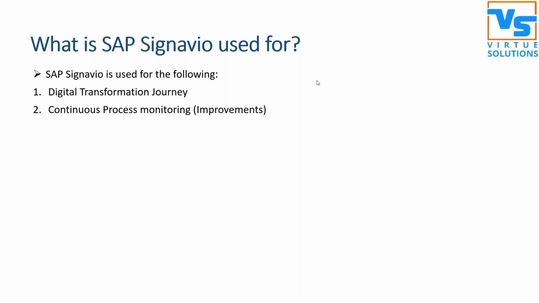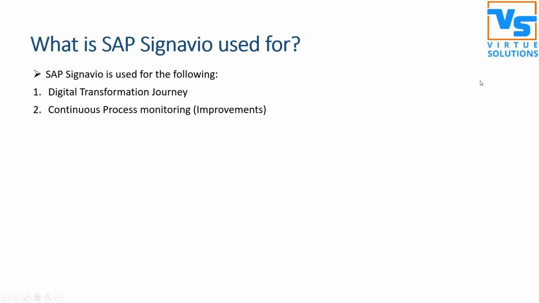But if you want to work with SAP S/4HANA migrations or a digital transformation journey, the full suite is needed, because you want to understand your baseline with insights, then start mining and modeling, compare with your best practices, go on to control mechanisms, and integrate with your SAP Solution Manager. All these things can be done with the full-scale license.